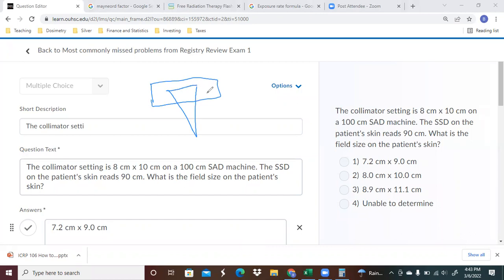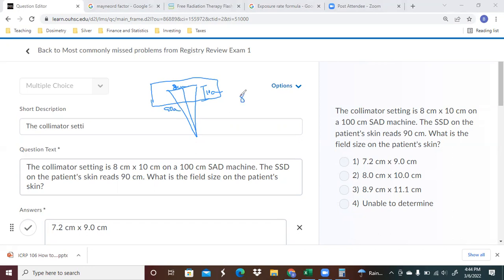Since the SSD is 90 and the SAD is 100, that means this is going to be 10 cm depth, which means we're going to end up with something that's 8 cm at 100 SAD. The question is, what is it right here on the skin when that is at 90 cm?